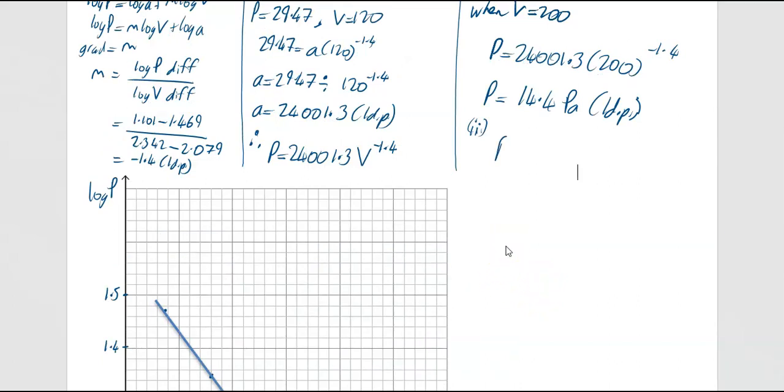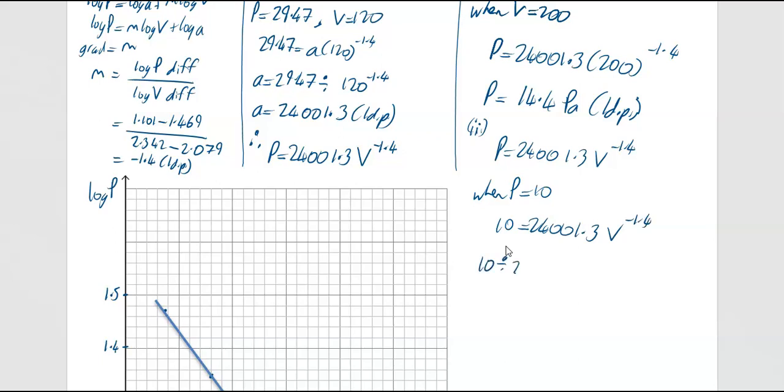So again, let's write down our formula. P was equal to 2400 1.3 times V to the minus 1.4, and just say when P is equal to 10, 10 is going to be equal to 2400 1.3 times V to the minus 1.4. That means 10 divided by the 2400 1.3 is equal to V to the minus 1.4.